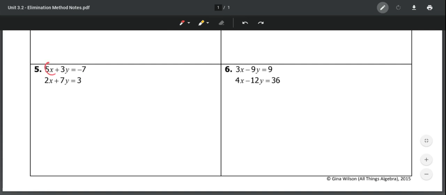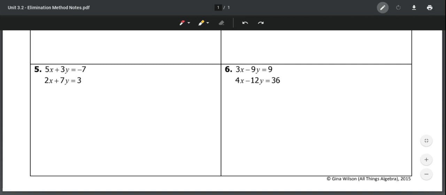So if you look, the next number that you could get to for 5 and 2 is 10. That's the only number that you could really get. A least common multiple is what you're looking for. So the least common multiple they have in common would be 10.